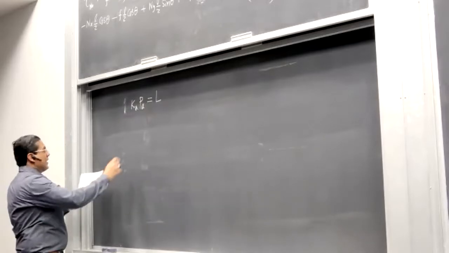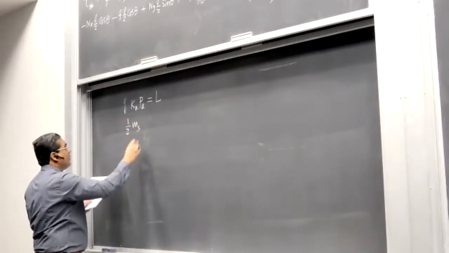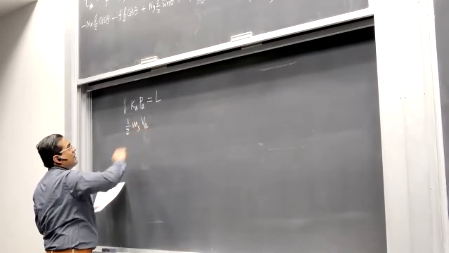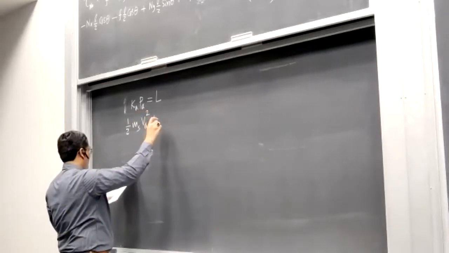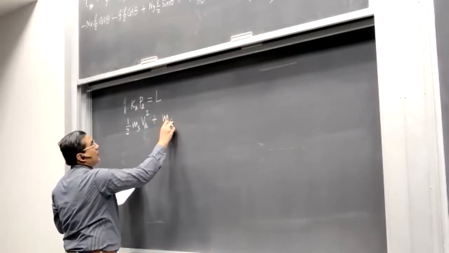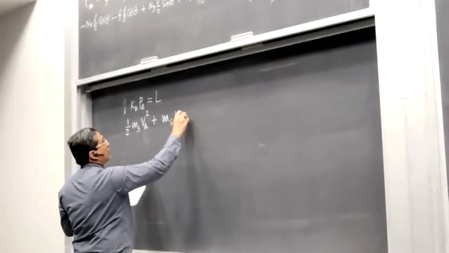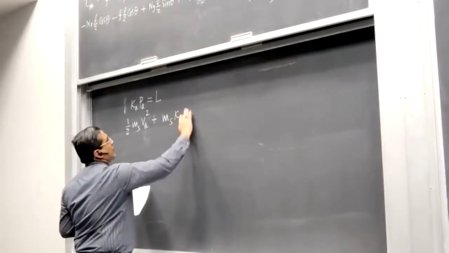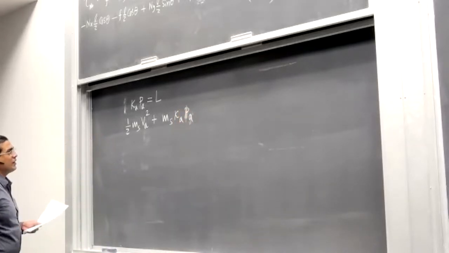And the kinetic energy would be half m v at apogee, VA squared, plus m s K A, K P. Oh, sorry, K A, P A. Okay, that would be its total energy, no?